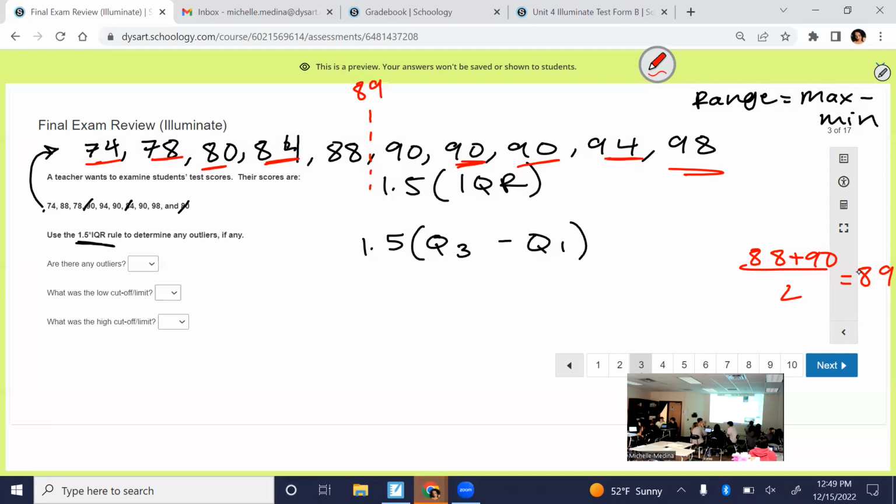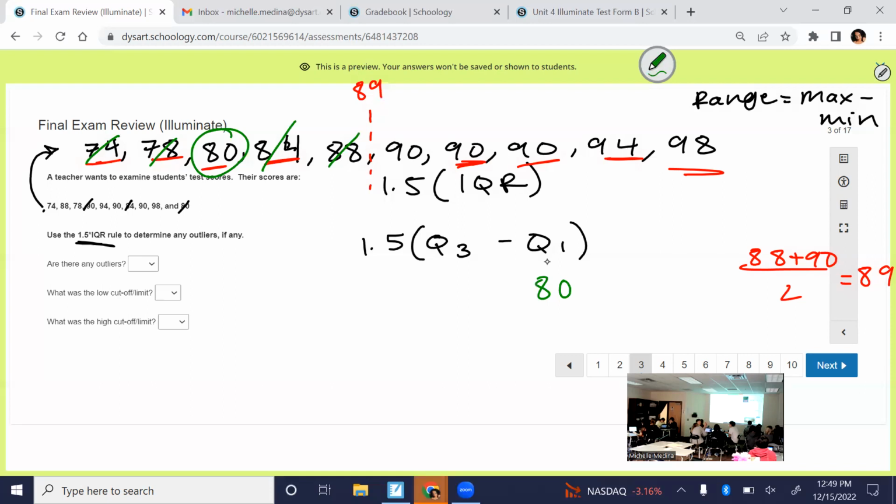So the reason I write it out here is because now that I have my lower half and upper half sorted out, my Q1 will be the median of my lower half, and you never cross out the median of the whole thing. So when we do our crossing out, it goes left, right, left, right. My Q1 is 80.